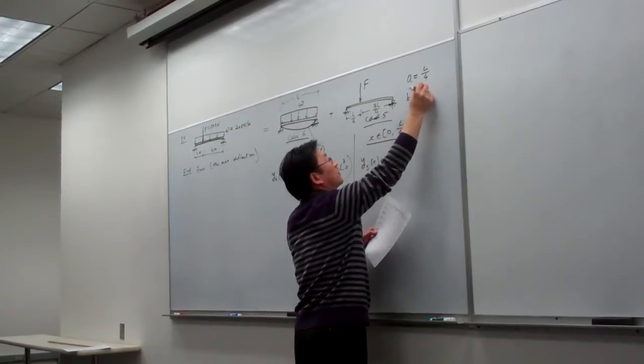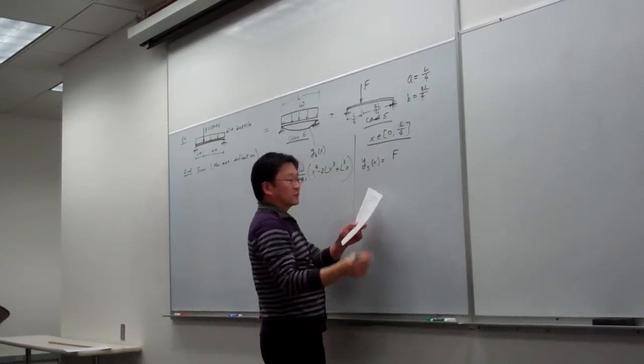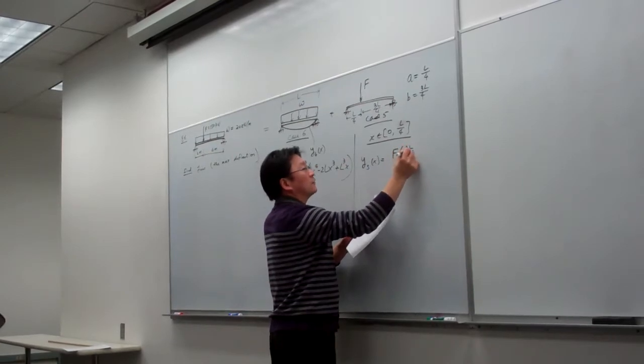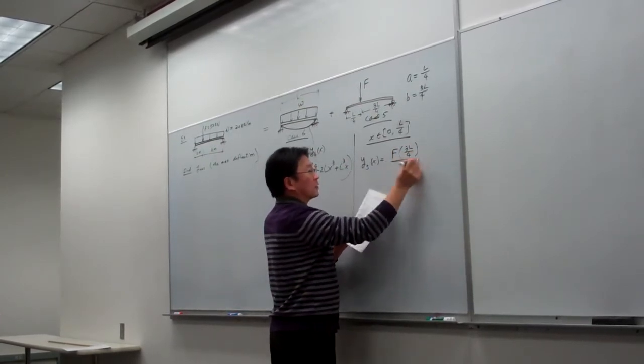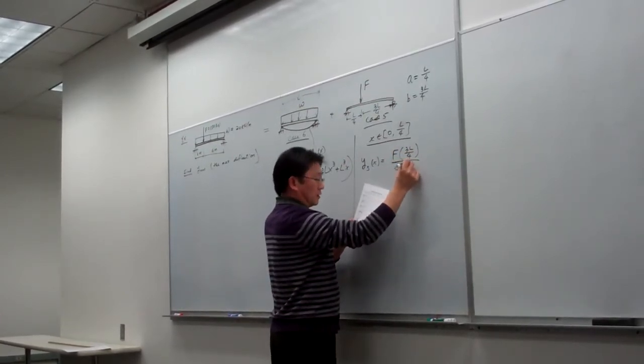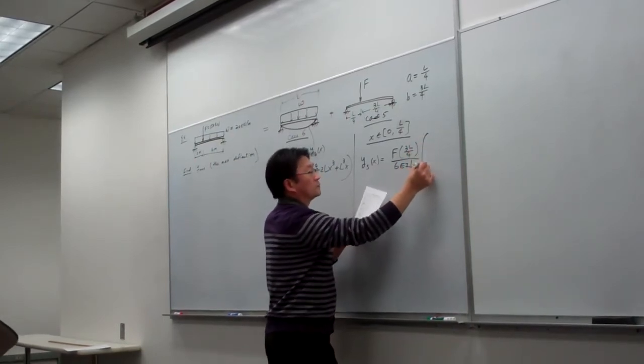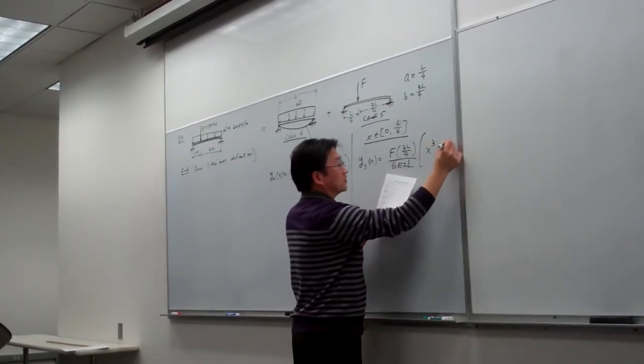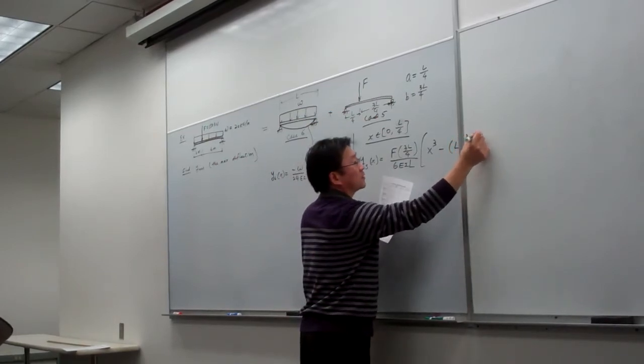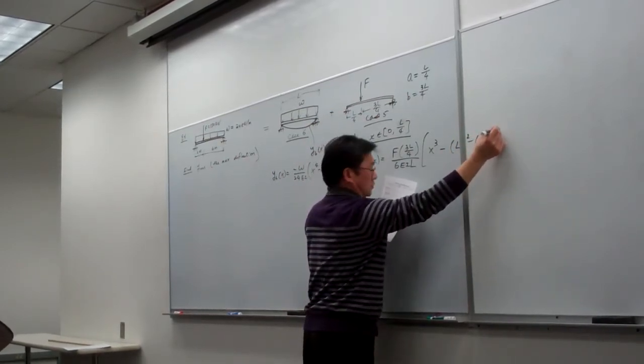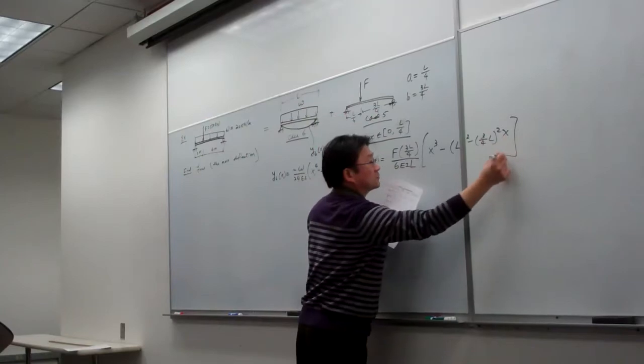B is 3L over 4. Using this information, we plug into here. B is 3L over 4, and then 6EIL and X cubed minus L squared minus 3/4 L squared times X.